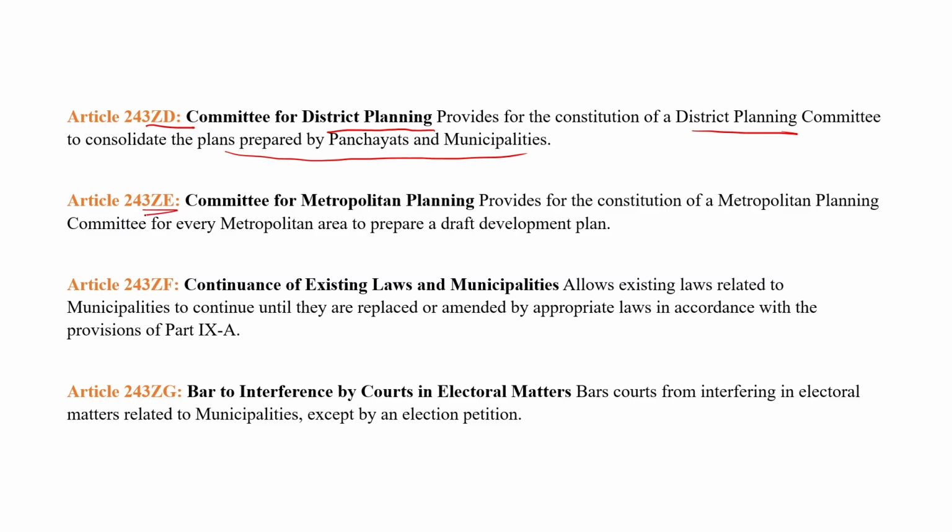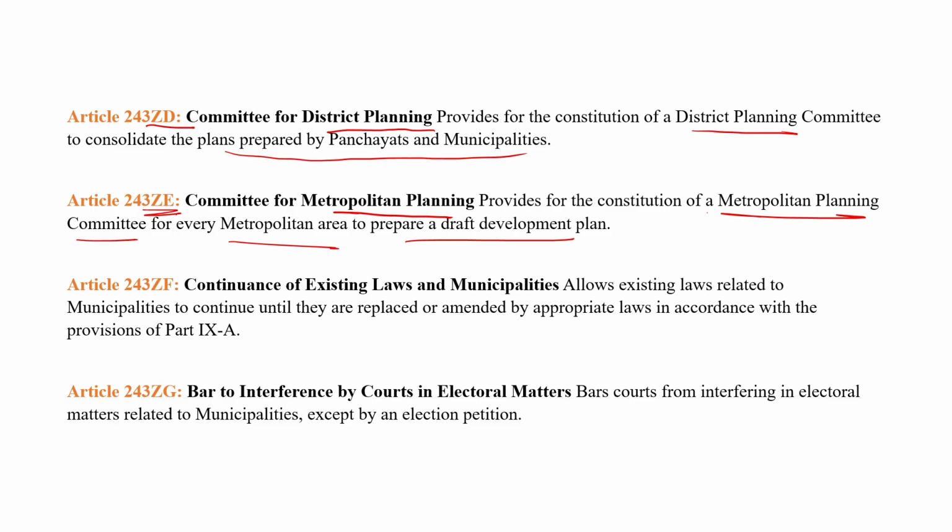243ZE explains the committee for metropolitan planning. According to Article 243ZE, it provides the constitution of a metropolitan planning committee for every metropolitan area to prepare a draft development plan of that metropolitan area. 243ZF explains the continuation of existing laws in municipalities, as we discussed in the previous slides also.